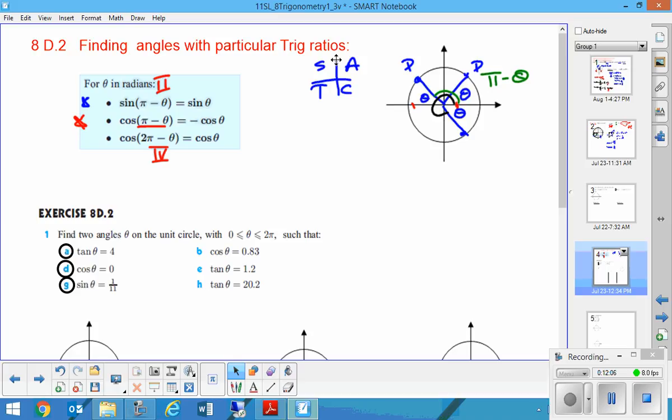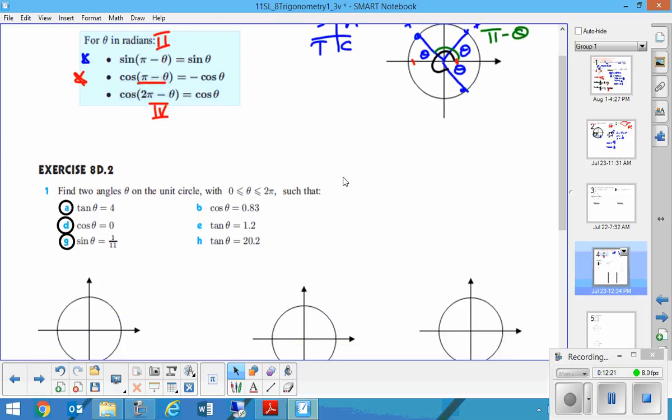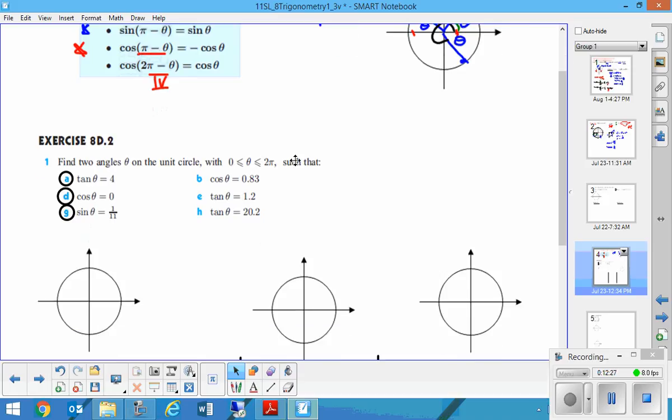And we can see that the x coordinate, the cos theta, is the same as in the first quadrant. So they're both the same. The x values are the same. So the main thing when you're looking at your angles is to think about your ASTC. Think about which quadrants, where sine is your y coordinate and cos theta is your x coordinate.